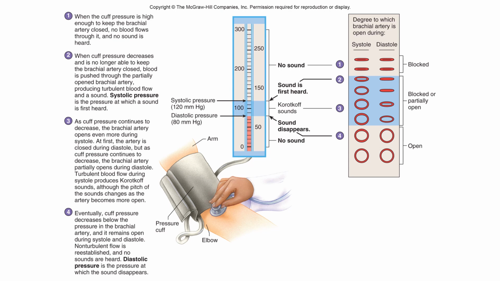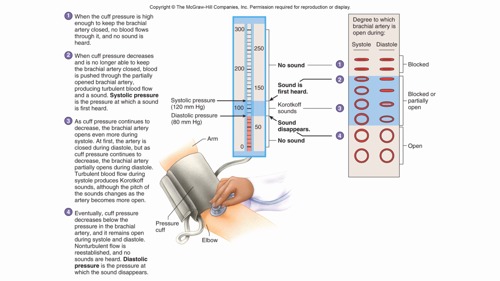What you see there on the very right is a diagram of the artery during both systole and diastole, and you see the blood pressure range there in blue. When the pressure in the cuff is above blood pressure, it will occlude the artery and keep it closed, so there will be no sound. So you open up the little needle valve on the bulb, and very slowly start to reduce the pressure in the cuff as you listen through the stethoscope.